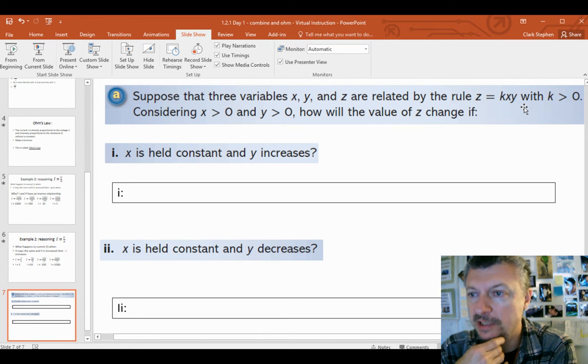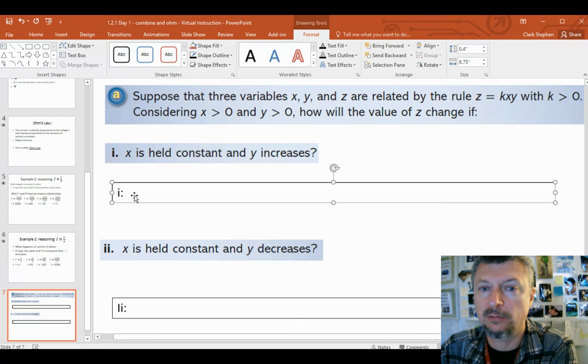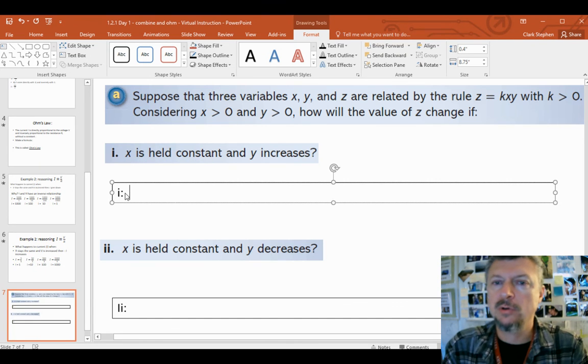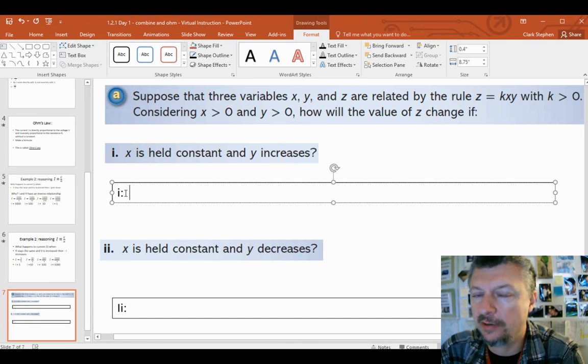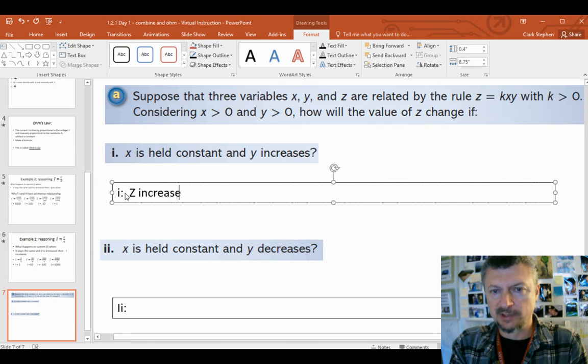How will Z change if X is held constant and Y increases? Well, let's see here. Okay. So X is held constant, Y increases. Now there's no fraction there. These are being multiplied. So if X is held constant, Y increases, then Z increases.